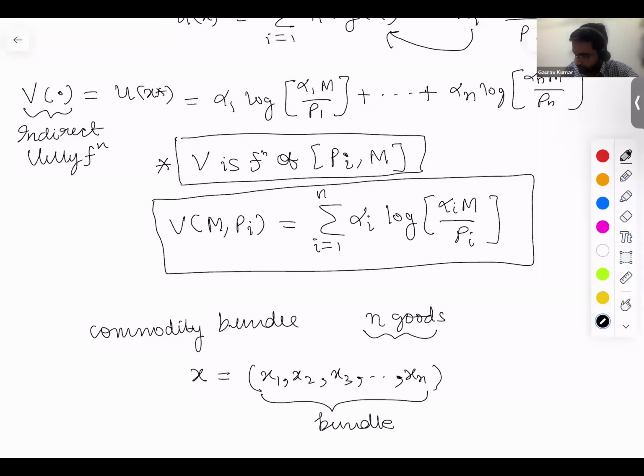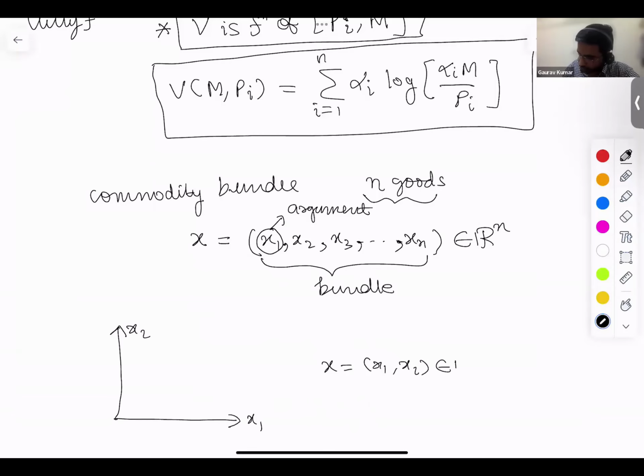Now, just one good is an argument. It's an argument of the vector. So for a simple case, if I take two goods, x1 and x2, I'll say that x equals x1 comma x2 belongs to R2. x1 is good 1 and x2 is good 2, and these belong to this commodity space.